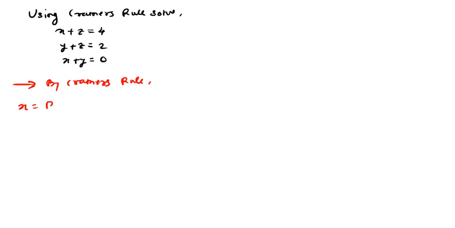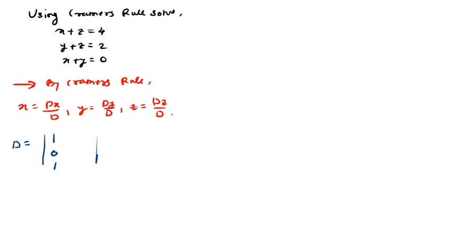x will be dx by capital D, y will be dy by capital D, z will be dz by capital D, where this capital D is the determinant of the coefficients of x, y and z. The coefficient of x in the first row is 1, in the second row it is 0, in the third row it is 1.